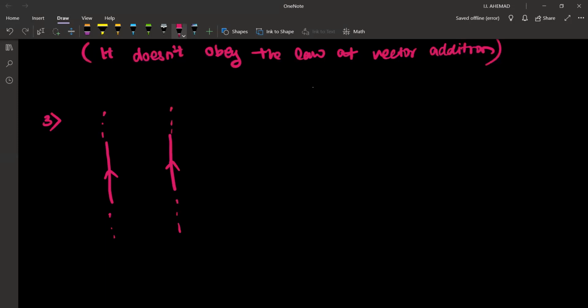This is how ampere is defined. We have 2 infinitely long wires, both carrying equal current I. They are placed 1 meter apart in free space.